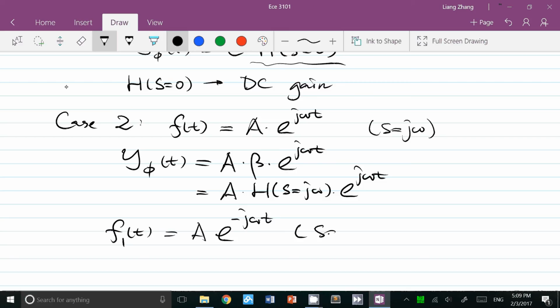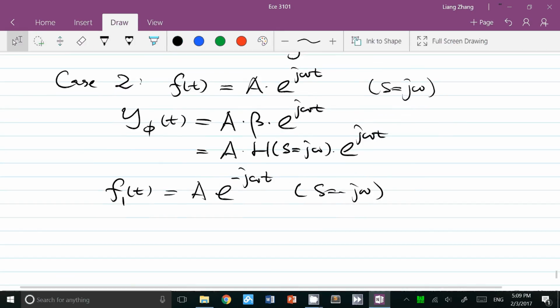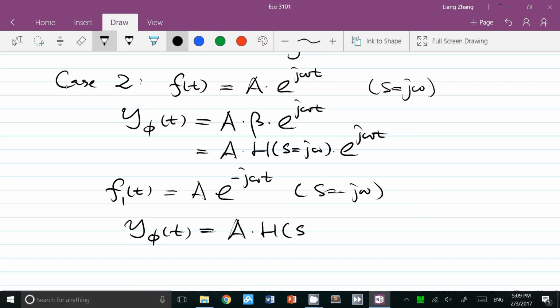So s equal to negative j omega. This implies another forced output that will look similar, but will be s equal to negative j omega, right? If this is the case.